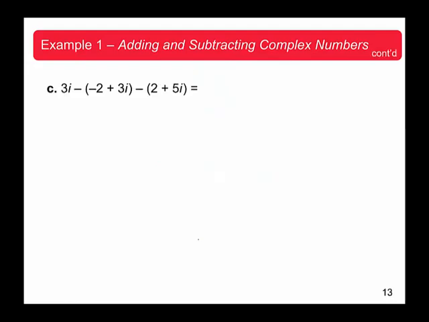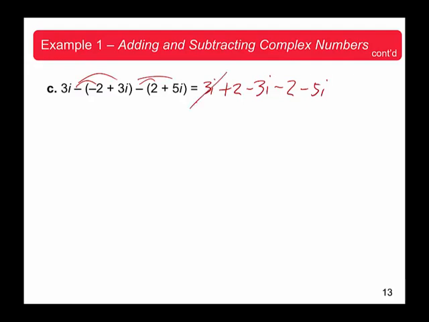This one, part C, deals with subtraction. So we just expand it first. We end up with 3i. Distribute it: the negative turns into positive, plus 2, and minus plus becomes minus 3i. And distribute it again, minus 2 minus 5i.